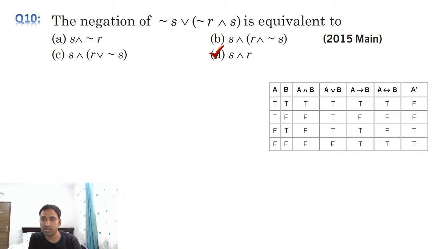I hope you enjoyed this method. With this method, we can save a lot of time in mains exam, as this mathematical reasoning is there only in mains. So we can get the answer quickly and save a lot of time, guys. I hope you enjoyed this shortcut.